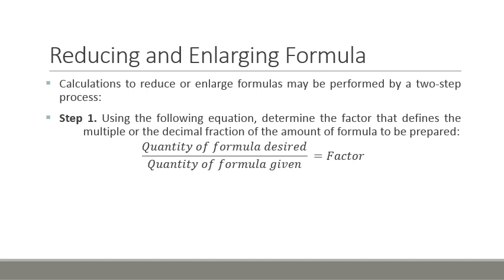The quantity of formula given will be the standard quantity present in the compendia, while the quantity of formula desired is the quantity we want to make. If we put these values in the equation, we will get either a multiple or a decimal fraction.